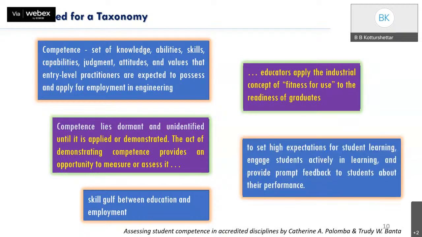And also taxonomy should help set high expectations for student learning, then engage them in their learning through some active learning components, and also provide prompt feedback to students about their performance. As we give them more and more feedback, then the gap between what we want them to learn and what they actually learn can be reduced.